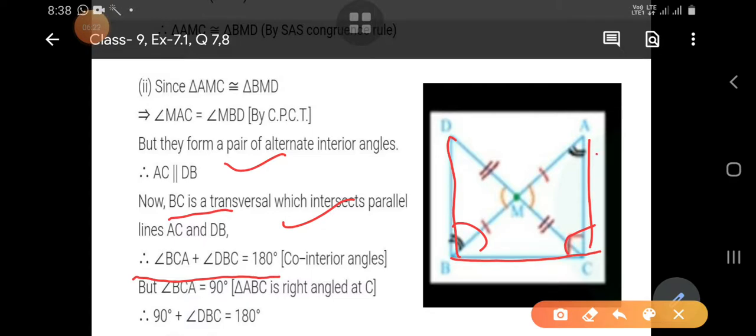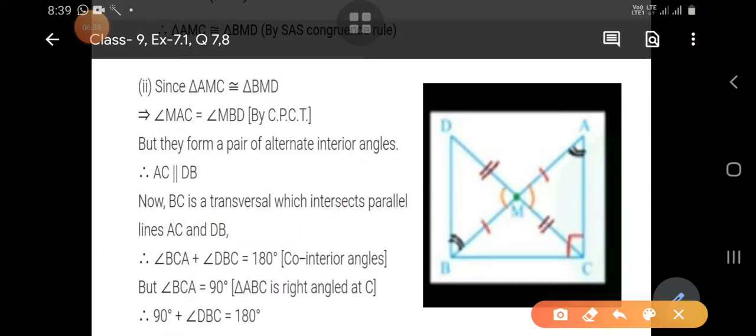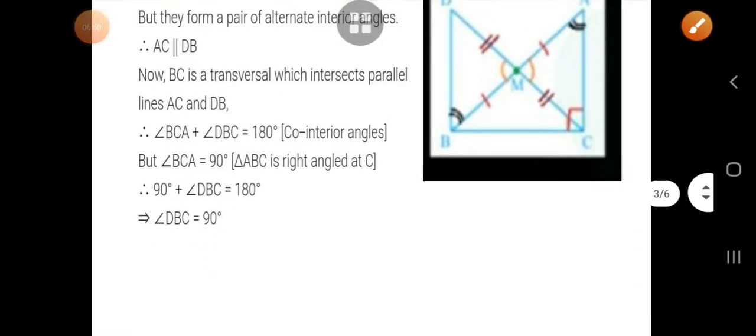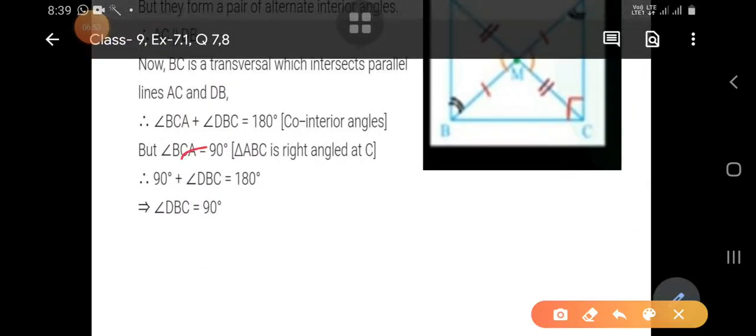So as we know, angle ACB is 90 degrees. If it is 90 degrees, then angle DBC will be 90 degrees, because the sum of the two angles is 180 degrees, and the value of angle BCA is 90 degrees. So for angle DBC, we put the value here, and it will be transposed from left to right: 180 minus 90, that is 90 degrees.